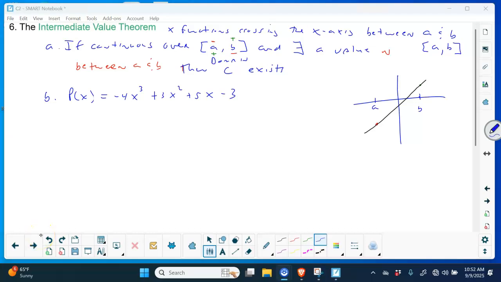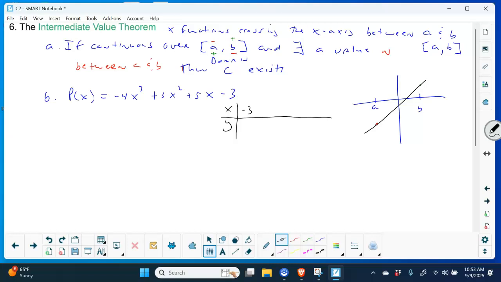To figure this out, I want to do an XY chart, but I'm going to do it sideways. I need to come up with some values here. I'm going to start off with negative 3. I could have gone further, negative 4, negative 5, and you just have to use some common sense here.